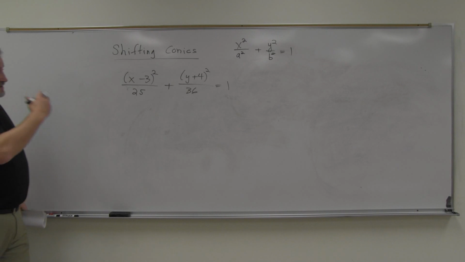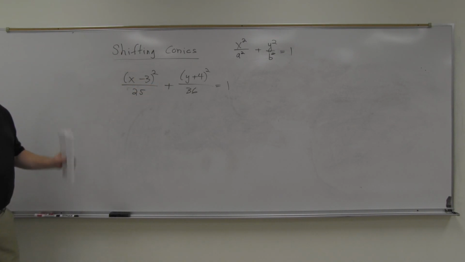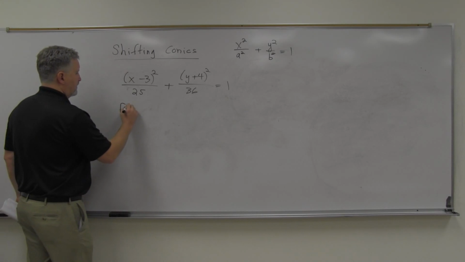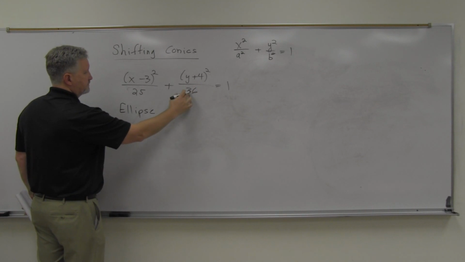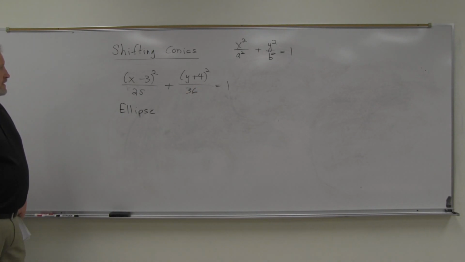And so that's in our ellipse format, if you will, because you've got the x squared plus the y squared, it equals 1. That's the way we recognize that.